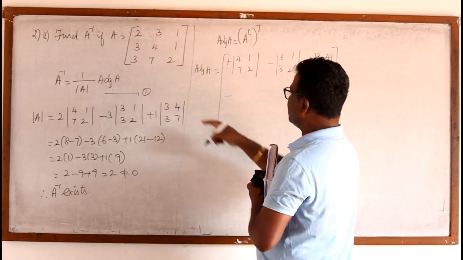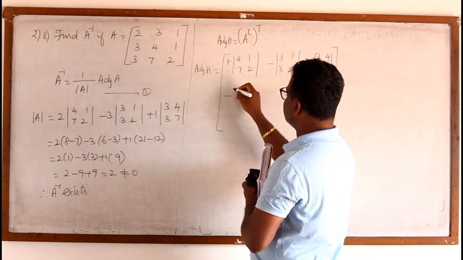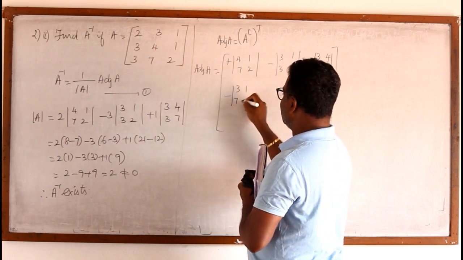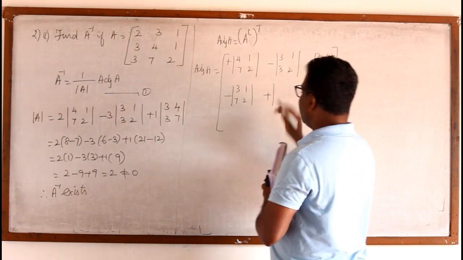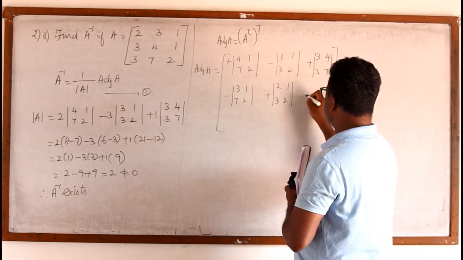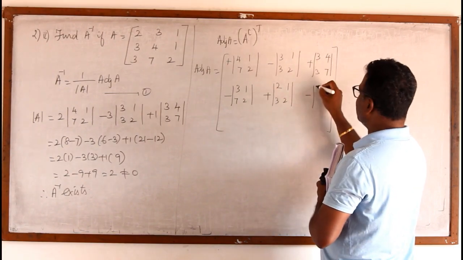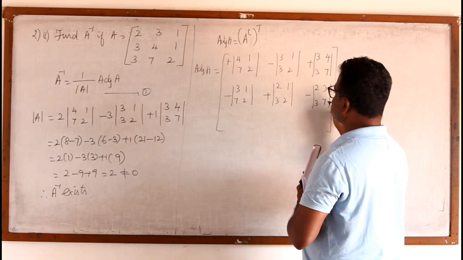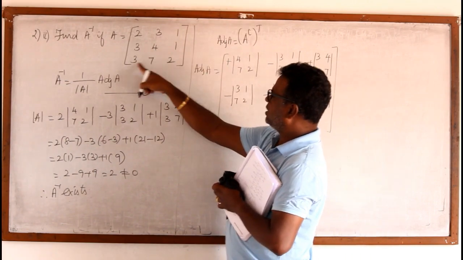Next minus. Now go for the matrix. Minus, omit this row and column, 3 1 7 2, plus, always the common elements, 2 1 3 2, minus 2 3 3 7.